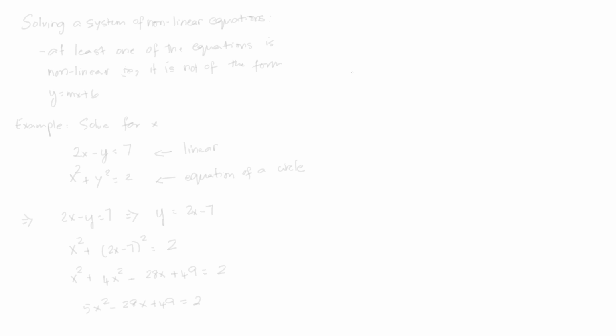Now I could use the quadratic formula. A is 5, B is negative 28, and C is 49, which would give me minus of minus 28 plus or minus square root of B squared, which is 28 squared minus 4 times A times C. A is 5, over 2A.